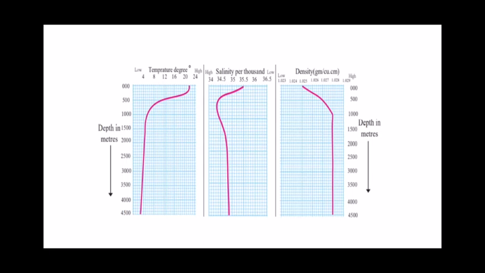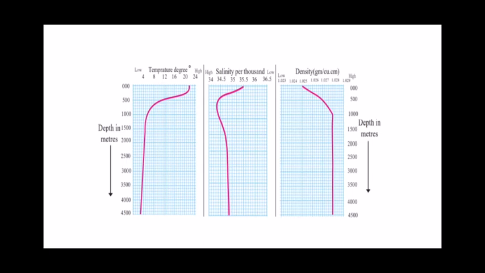Now children, in your textbook there are a few questions that are asked depending on this graph. So we will have to study the graph and answer those questions. The first question is, with increasing depth, what decreases?